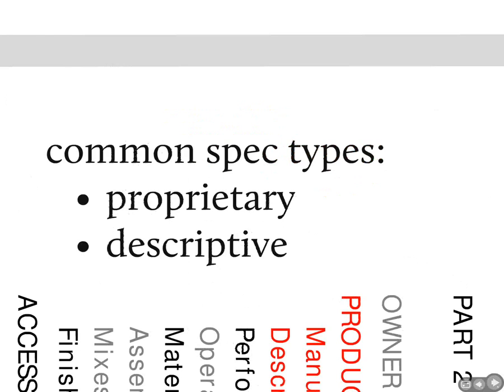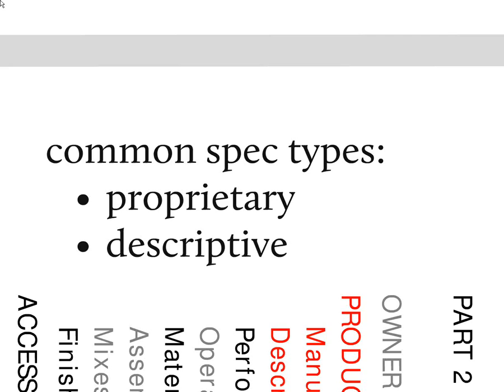So the spec types, Lewis. Well, the common methods of specifying this category of products would be proprietary and descriptive, or a combination of them. One of the things about this category of products is there's usually not a reference standard that governs the total thing.